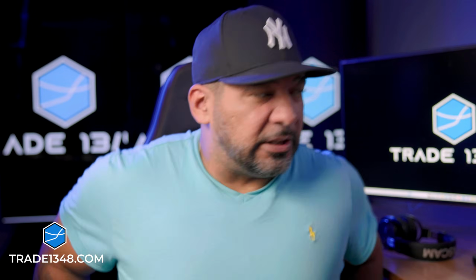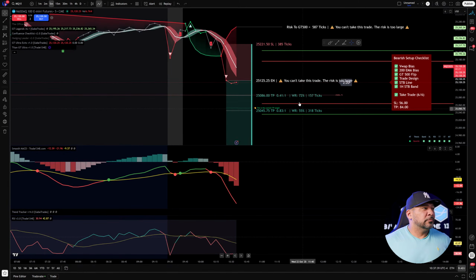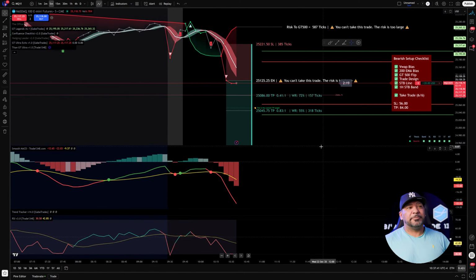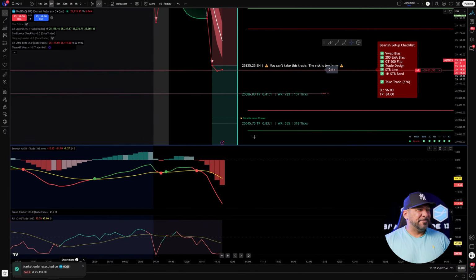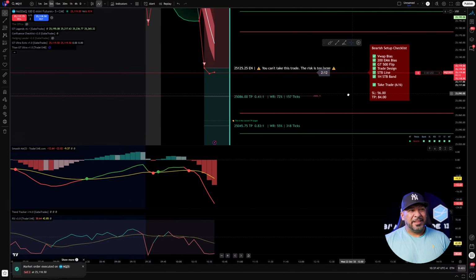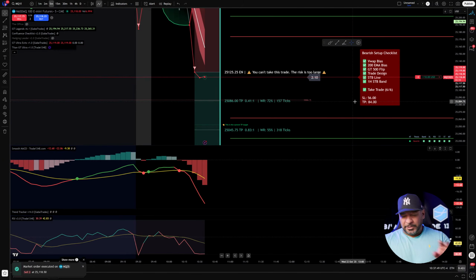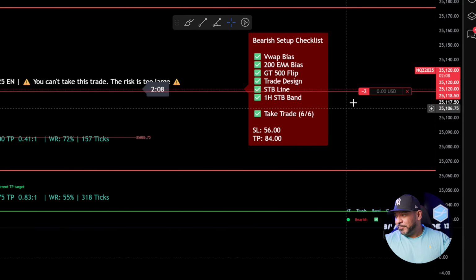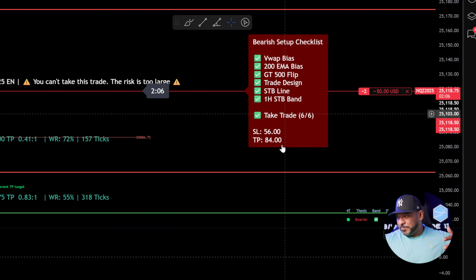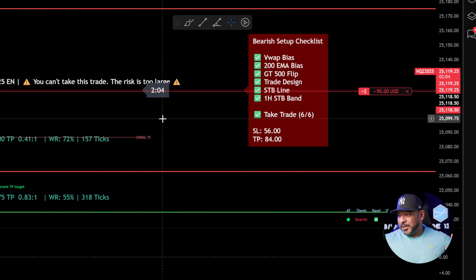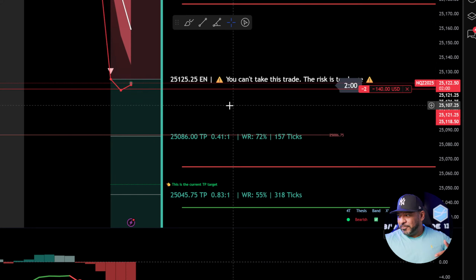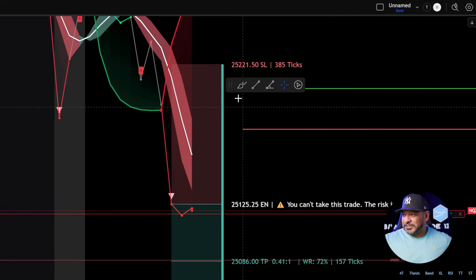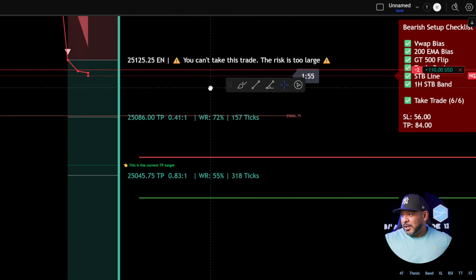All right. So back here, I'll go short. Okay. So now let me explain my logic here. I have to go short based on my bear setup and based on the condition of this trade, right? I also know what my risk is going to be up here.